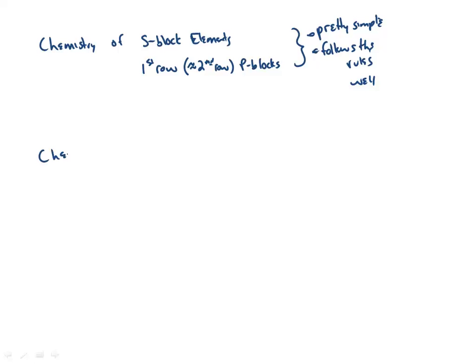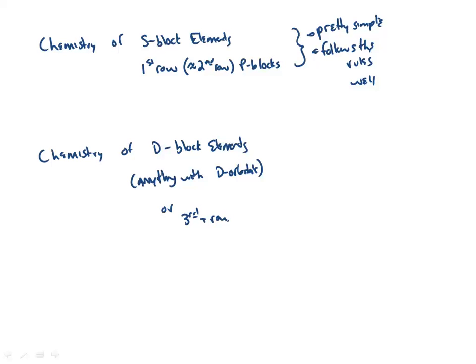The chemistry of the D block elements, and basically anything with d orbitals, or basically the third plus row of the P block elements, is complicated. Because those energy levels are very close together.